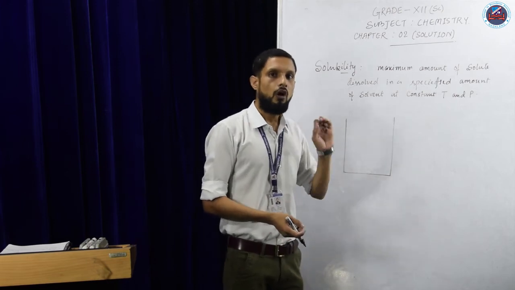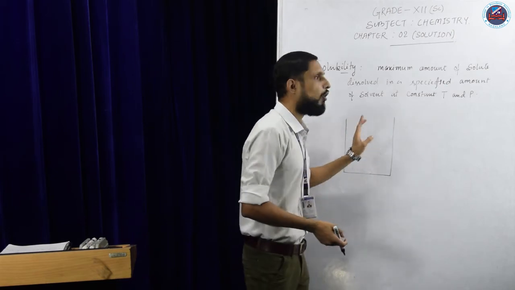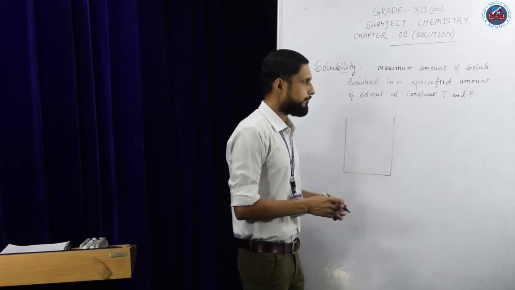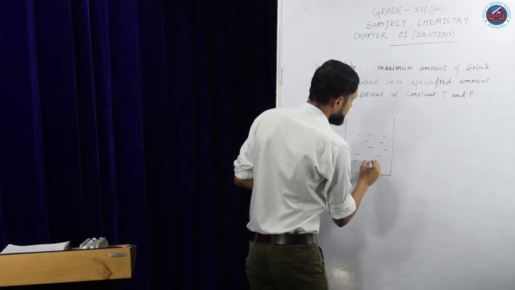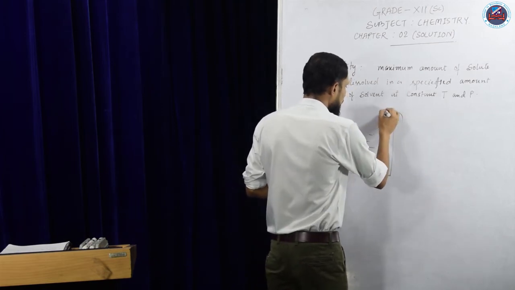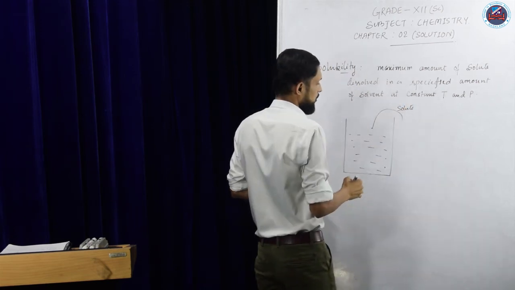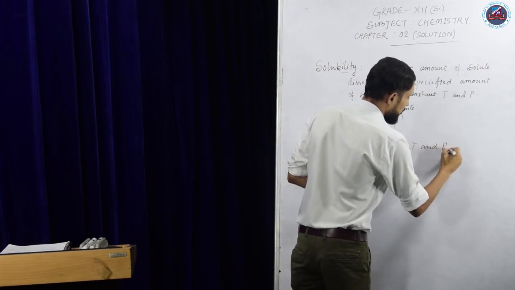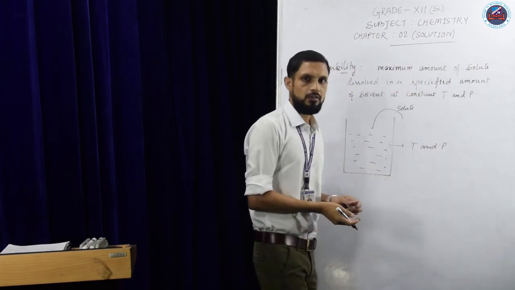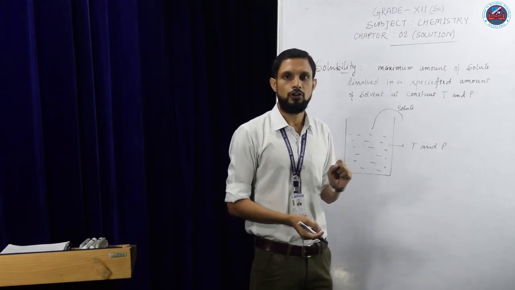That means constant. You will not change the amount of solvent during the course of solubility. So take a fixed amount of solvent, you add solute. Remember, the temperature and pressure should be constant, because the temperature and pressure change will affect the solubility.